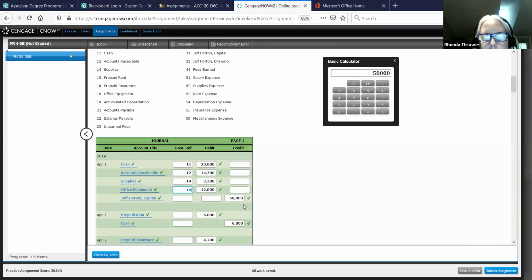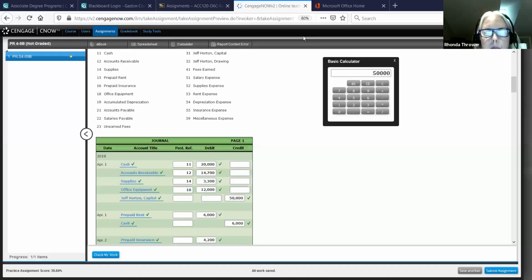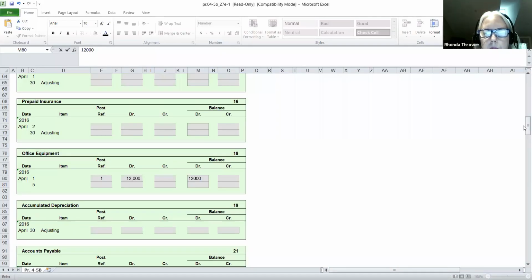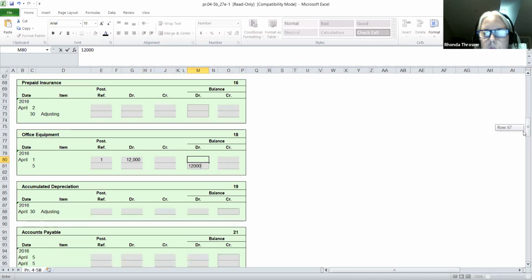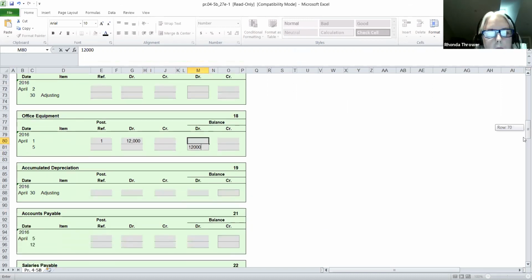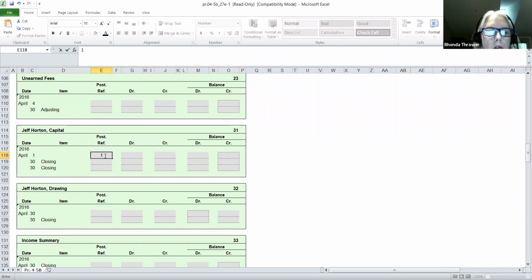And then on this journal entry, the capital account would be credited for 50,000. And so I'm going to go to my ledger. I'm going to put journal page 1 for my post reference.